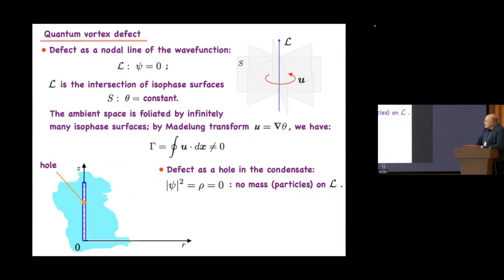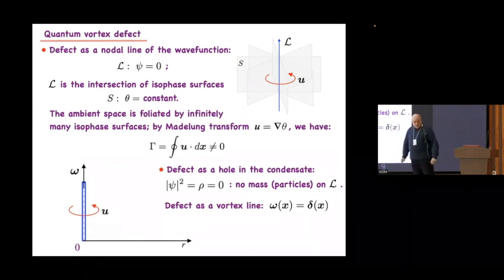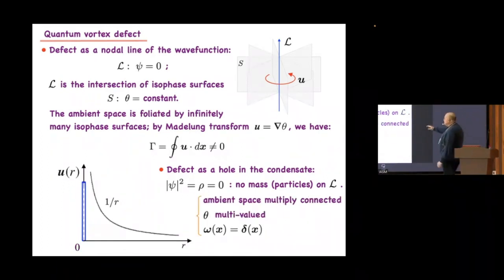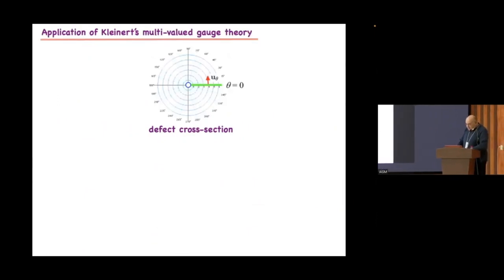So imagine this hole is there, and the vortex line is a Dirac delta distribution on this line, and what you get is the ambient space multiply connected by the presence of this hole, if you like. The theta that contributes to the velocity is, of course, multi-valued, and omega is a singular field, if you like.